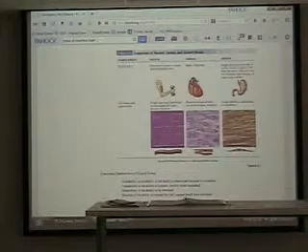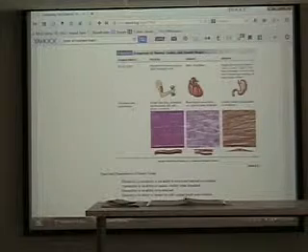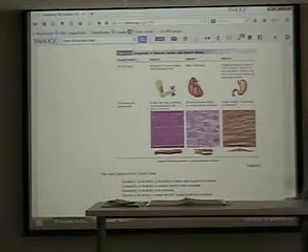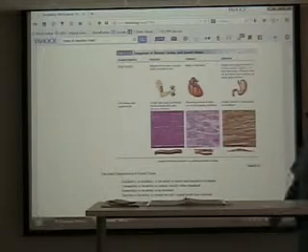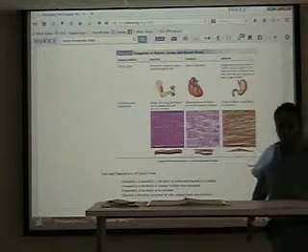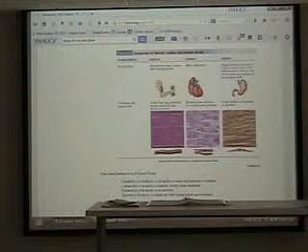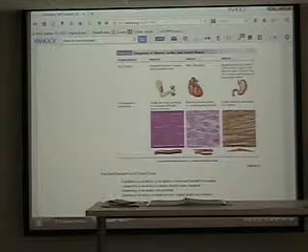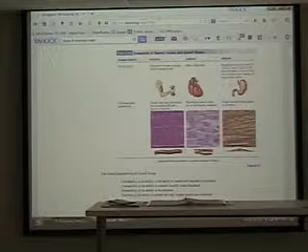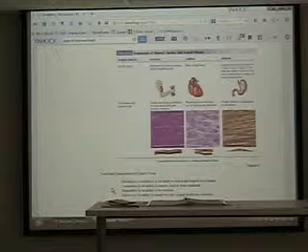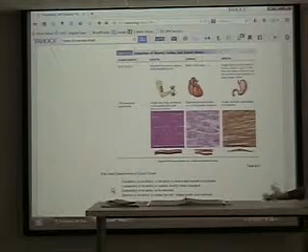So be able to identify them via the description, via body location or where they are, and also from this picture. Okay? And that was the first section of our laboratory. We were to compare and contrast.